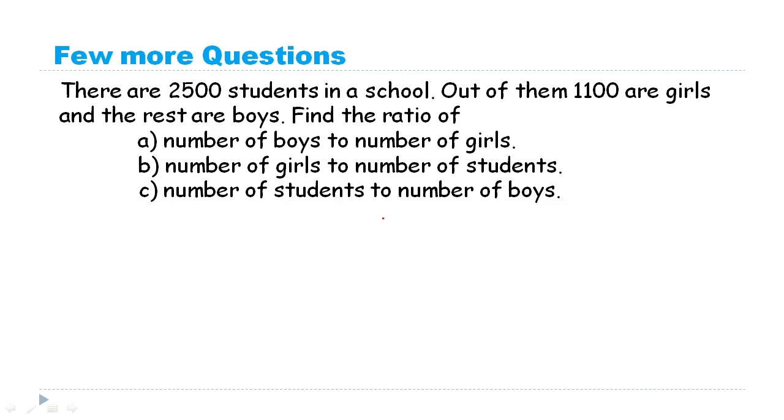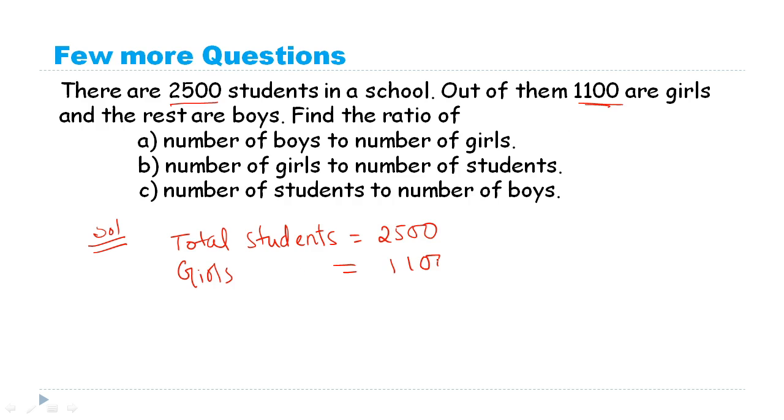The total students are 2500, and the number of girls is 1100. If you do this subtraction, you will get the number of boys, that is 1400.